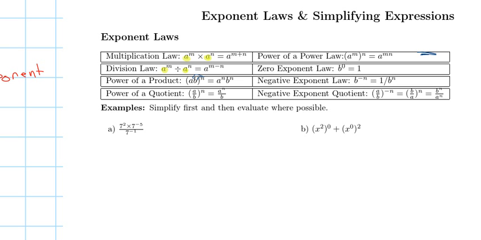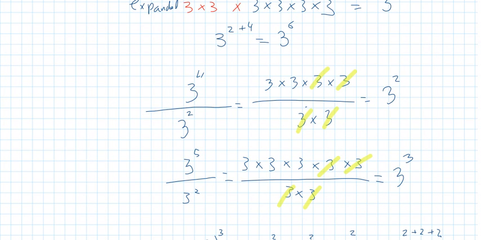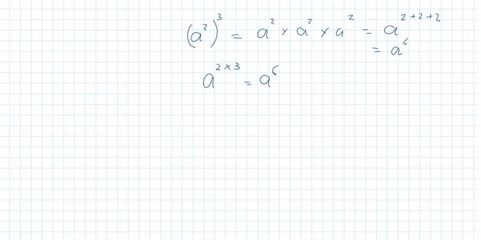So let's say if I have a times 2 to the power of 3, or 2a to the power of 3. Basically, that 3 needs to go as an exponent for each thing inside that bracket.